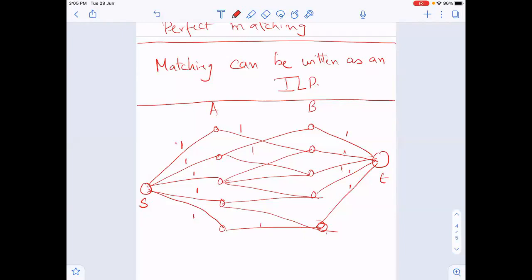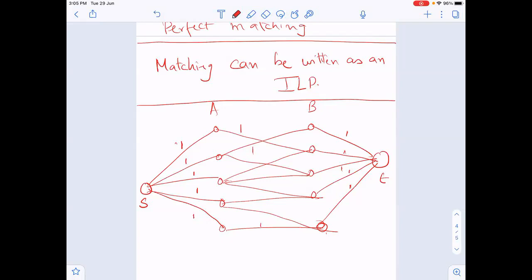Now, if at all the maximum flow is possible, then it has to go through the maximum number of vertices in this set here, right?